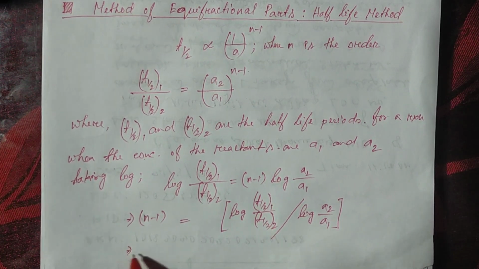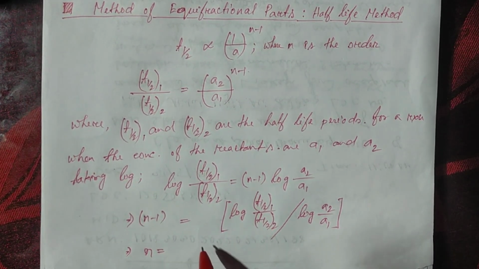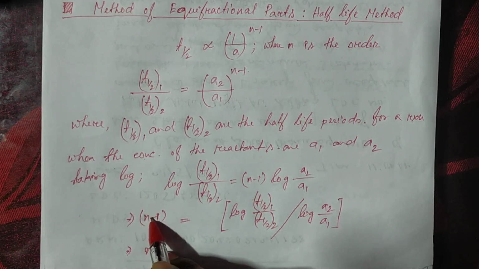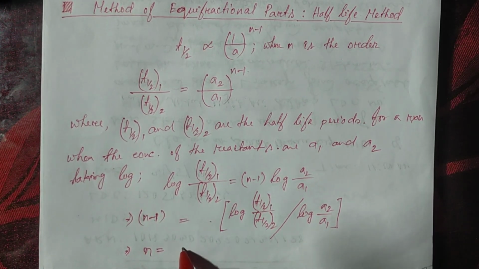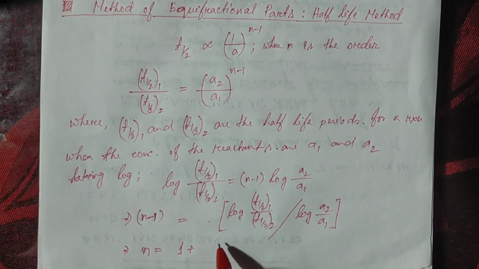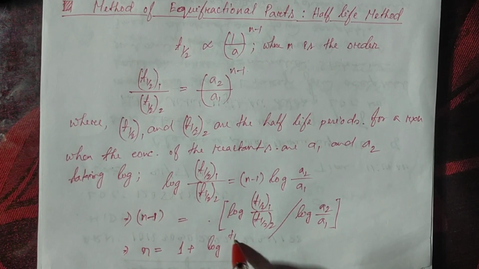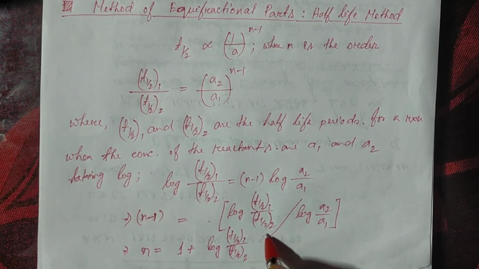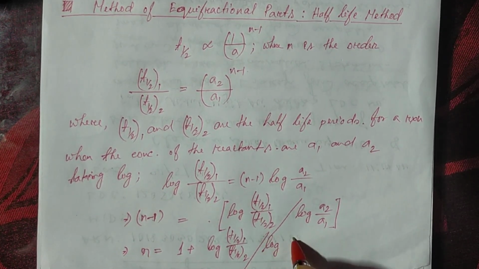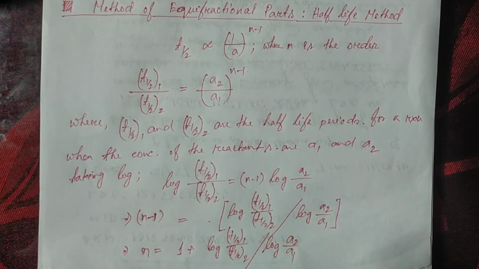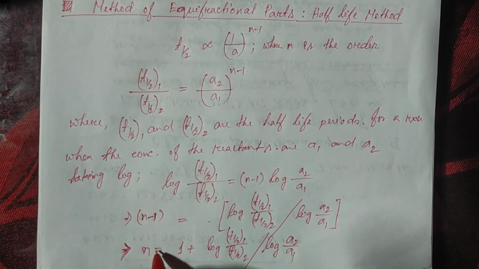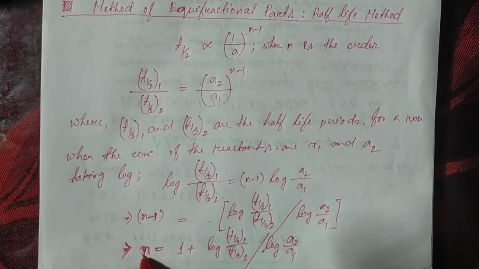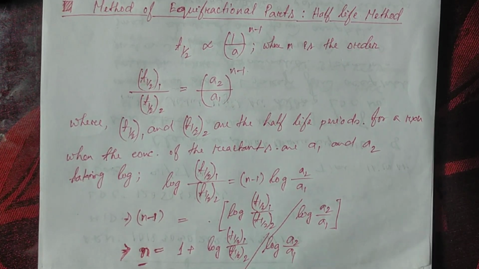So n will be equal to 1 plus log (t half 1 by t half 2) divided by log (a2 by a1). From this equation we can calculate the order of the reaction, as n is the order of reaction.